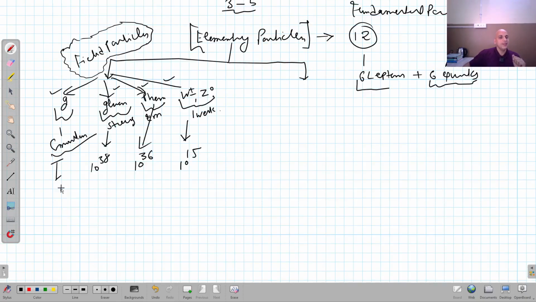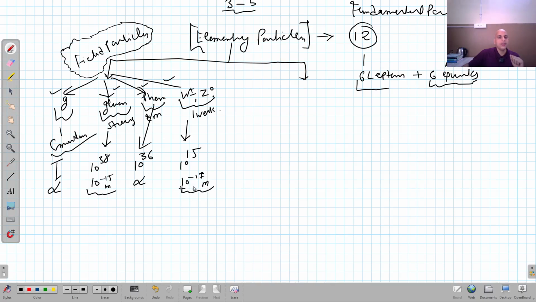One more thing that can be asked is the range of these fundamental forces. The range of the gravitational force is infinity. The range of electromagnetic force is also infinity, but the range of strong force is 10 raised to power minus 15 meter, and the range of weak force is around 10 raised to power minus 17 meter.